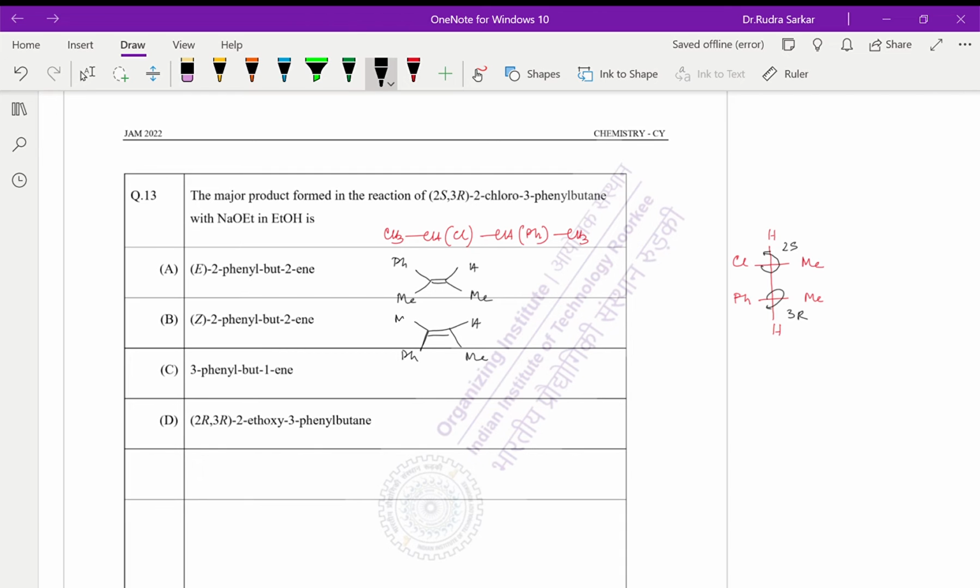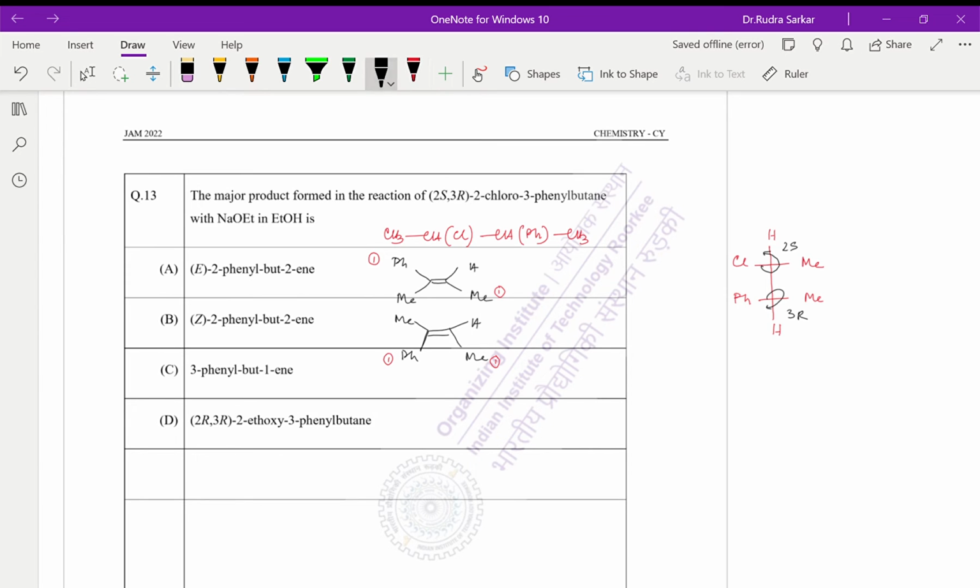So what I'm trying to say essentially is that when it is E, highest priority groups lie on the opposite side. When it is Z, highest priority groups lie on the same side. As simple as that.